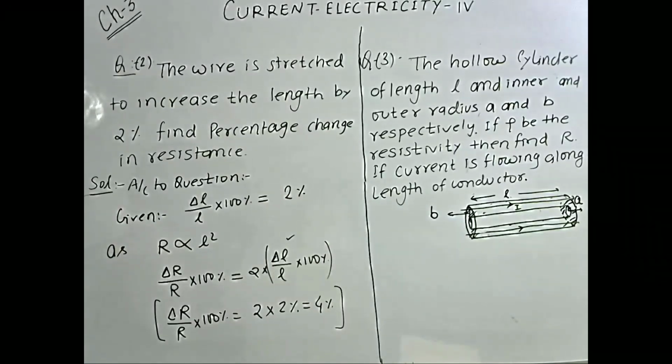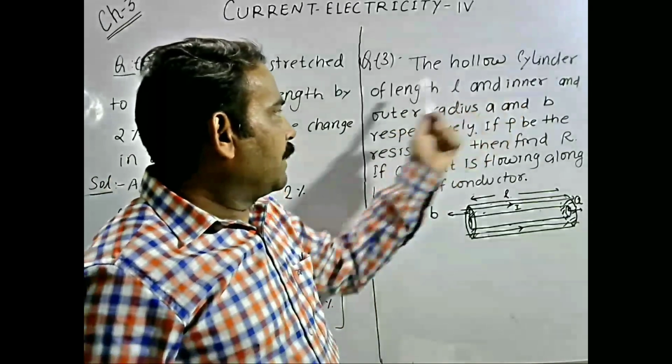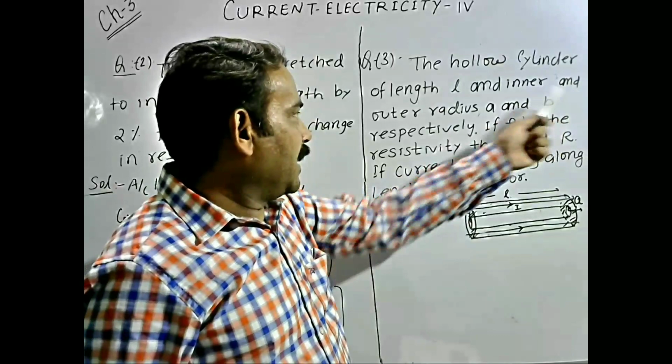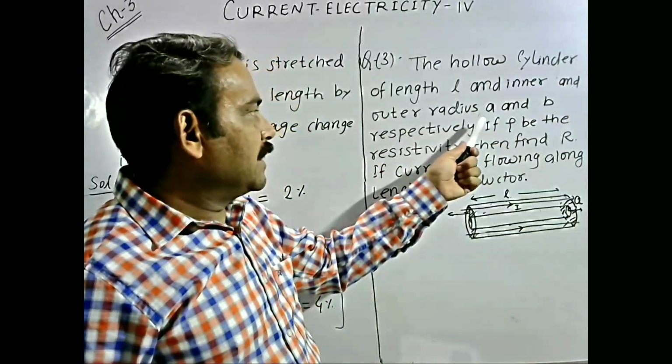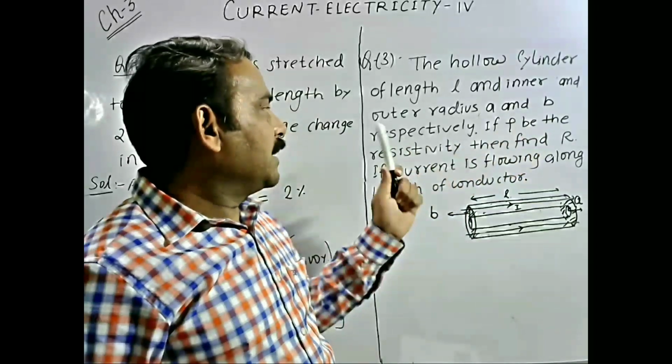Clear? Now you note this, then I will discuss the next question. The next question: given a hollow cylinder of length small l, and inner and outer radius given as small a and small b respectively.